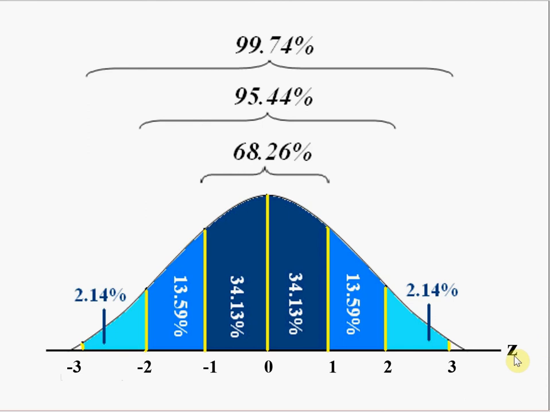And Z is the standard deviation. We use the Z, the so-called Z-score. A Z-score of 1 means this is one standard deviation above the mean. A Z-score of -3 means that this place is three standard deviations below the mean.